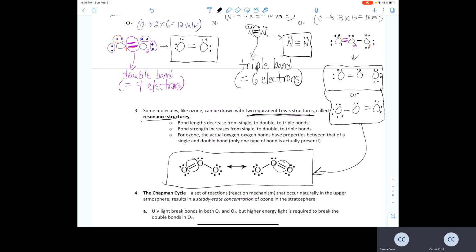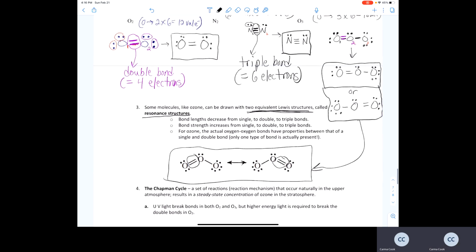So now in comparing single bonds versus double bonds versus triple bonds, you can compare them based on their length and their strength. Bond lengths decrease from single to double to triple. Bond strength increases from single to double to triple.